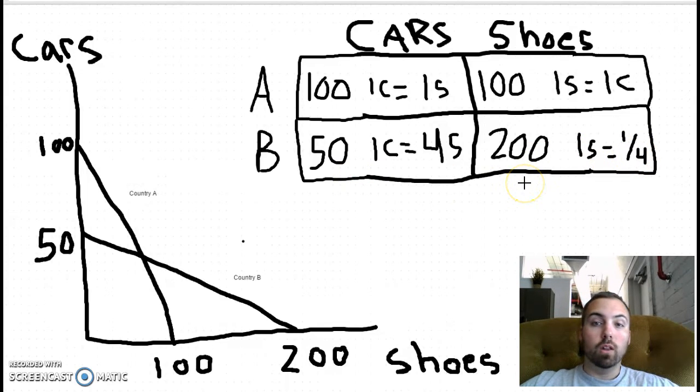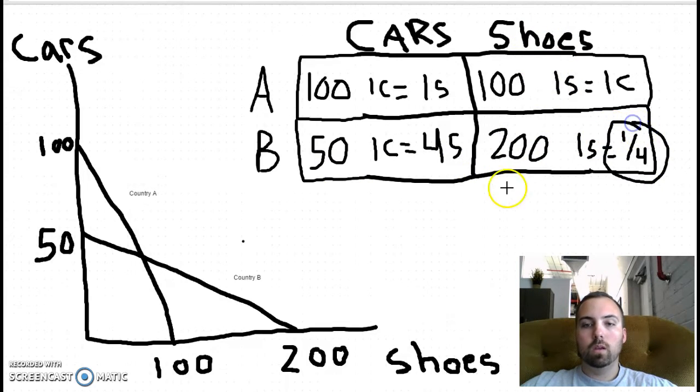So you always pick out the lowest opportunity cost. In this case, as we can see, 1/4 is obviously lower than 4. So country B will specialize in making shoes, while country A will specialize in making cars.